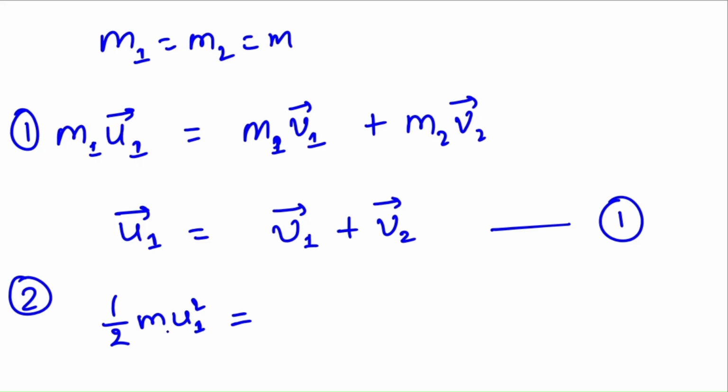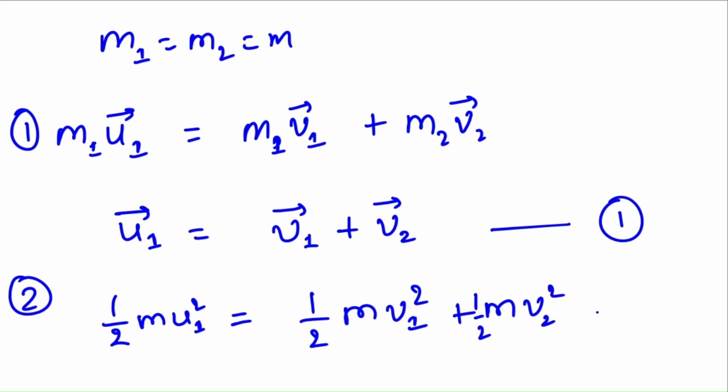So 1/2 m1 u1 square, and m1 and m2 are the same so I can write m only, plus 1/2 m u2 square, where u2 is 0 so I am not writing that term again, equals 1/2 m v1 square plus 1/2 m v2 square. We can simplify this further and we will get u1 square equals v1 square plus v2 square. This is equation 2.